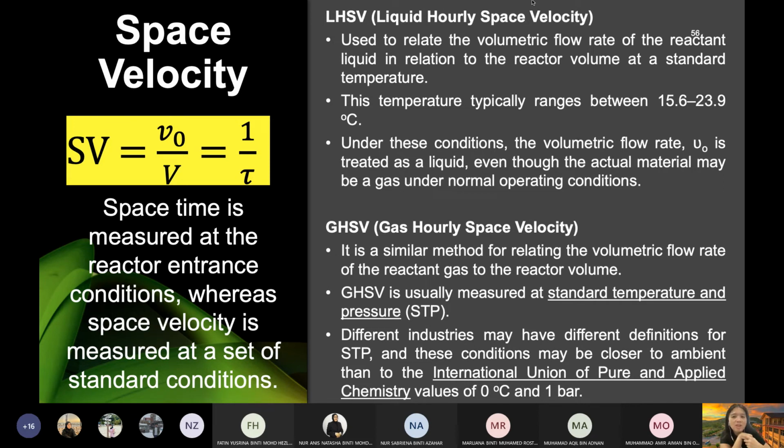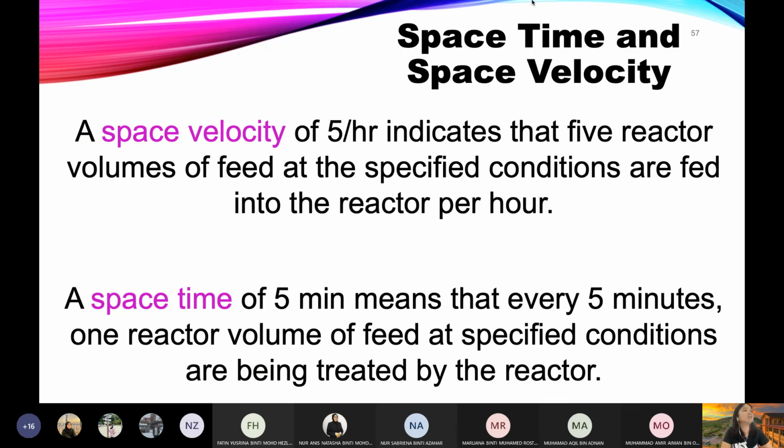So it's a bit complex, right, to calculate the space velocity. Okay, so that's a bit the complexity when you want to calculate space velocity for your reaction in comparison to space-time.